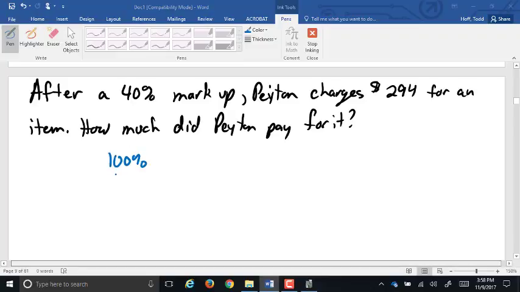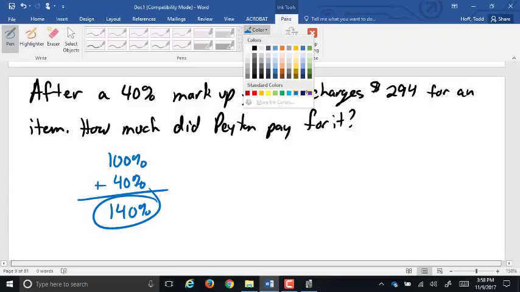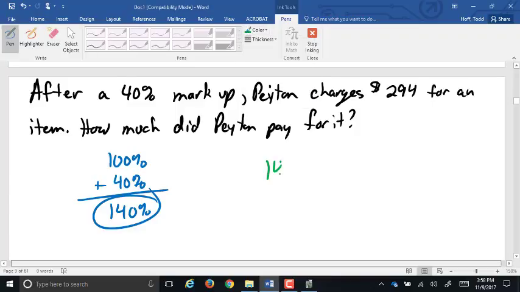So again, Peyton's cost was 100%, adds a 40% markup. So what Peyton charges is 140% of cost. So that's set up as 140%. The 294 is what Peyton charges, so that represents the 140.